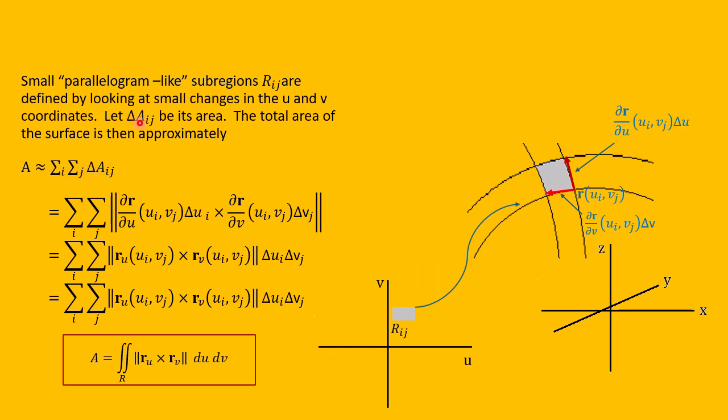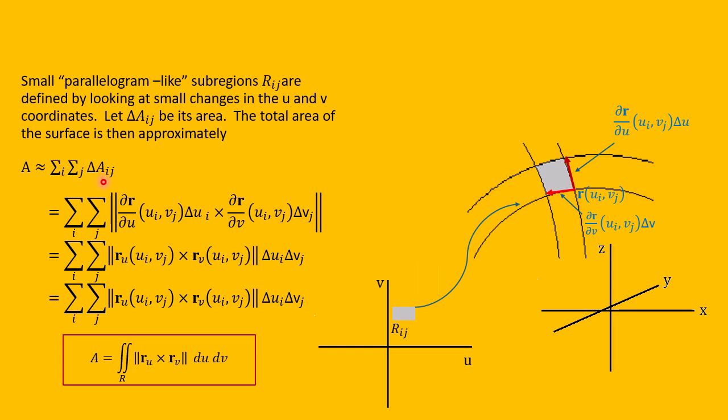Delta A ij here is going to be not this exact area, but the approximate area using these two vectors that more or less go along the sides, and we'll think of these as two sides of a parallelogram. So for small regions here, which will correspond to small regions over here too, these things will almost be parallelograms somewhere out in space.